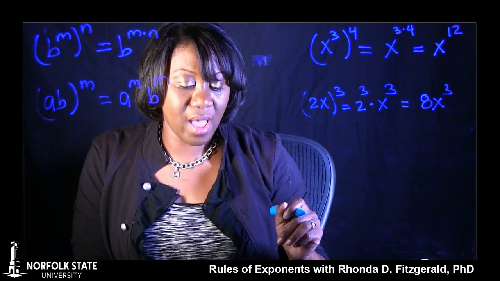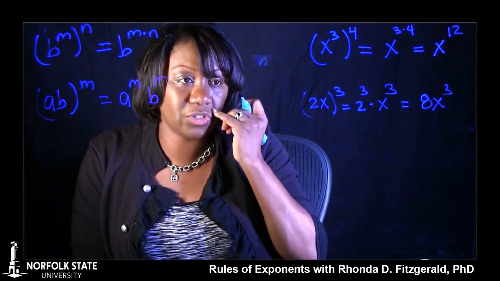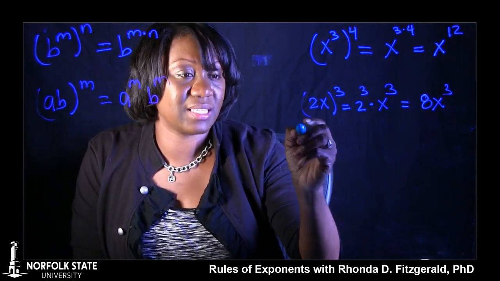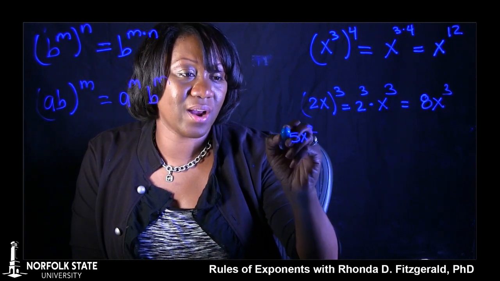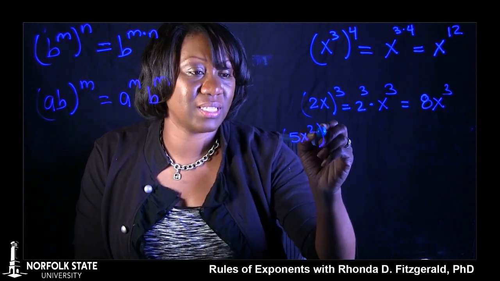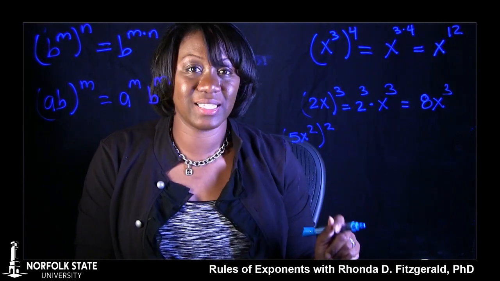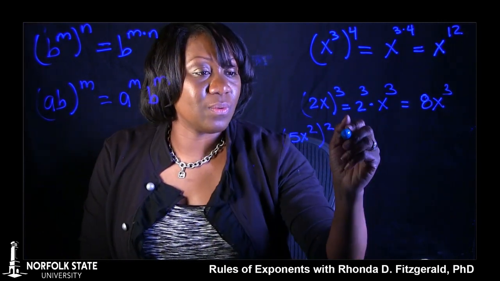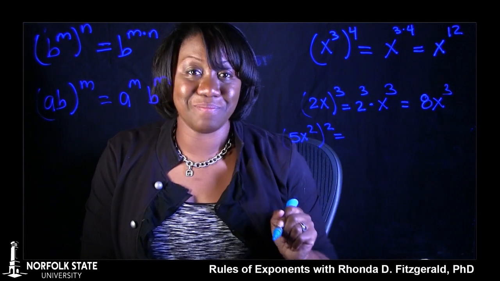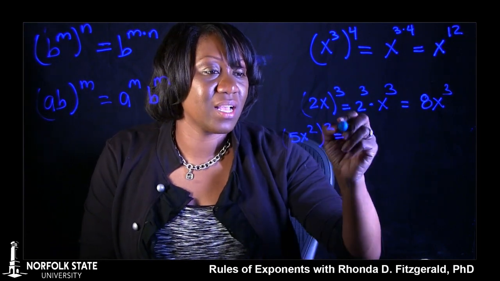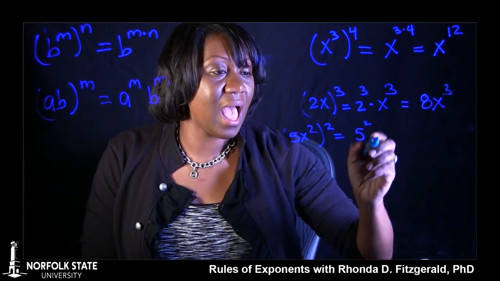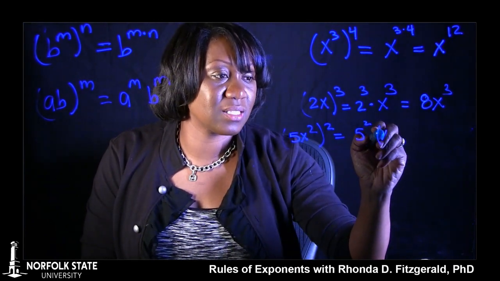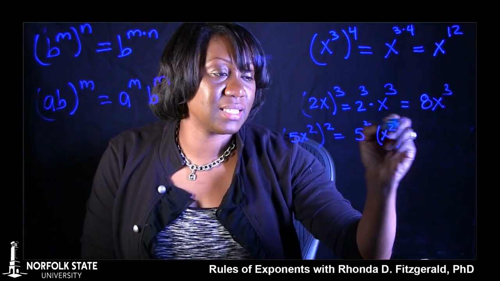Let's look at one other, just to make sure we got it. So another example of this. What if I had 5x squared, and I raised this whole entire thing to the 2nd power? Once again, everything inside must be raised to the 2nd power. So I will have 5 raised to the 2nd power, as well as x squared raised to the 2nd power.